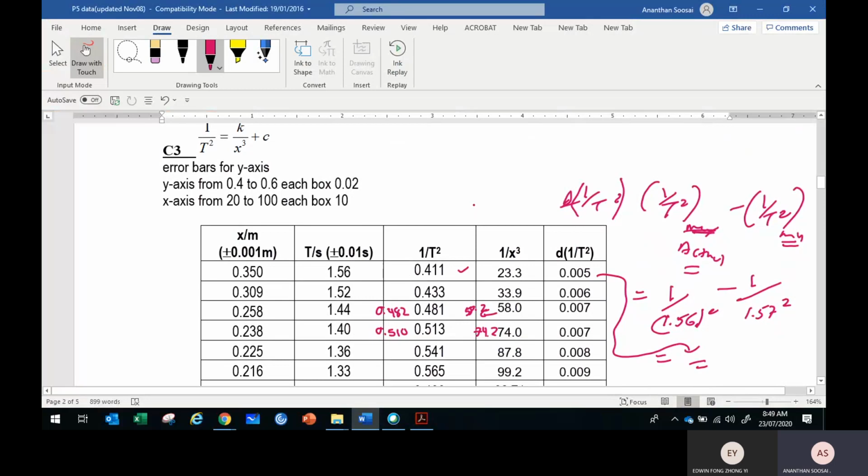You plot 1 over t squared versus 1 over x cubed, so follow this scale. Your x axis, which is 1 over x cubed, starts from 20.